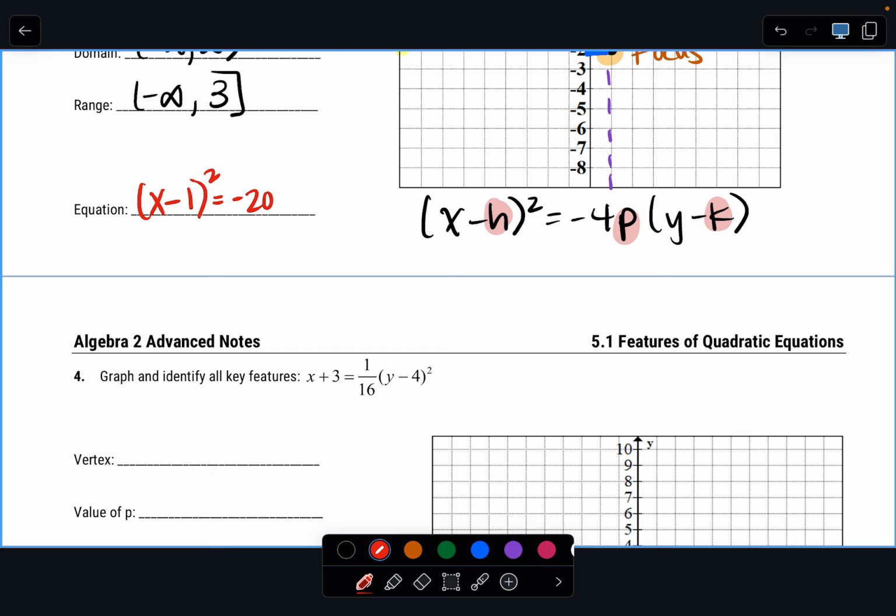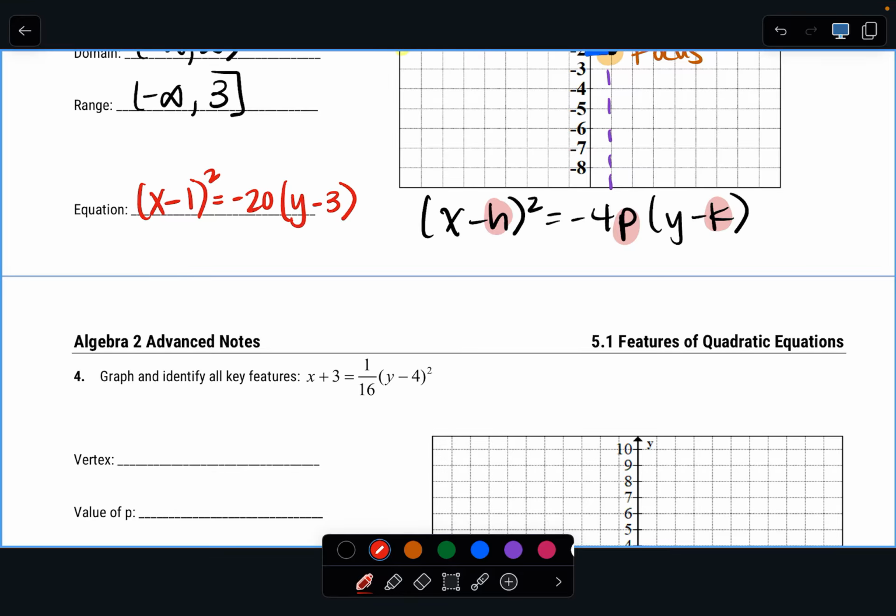Negative 20, and then I'm going to have (y minus k). And that is it. So the hard part of knowing what the values are from the formula is taken away. You just have to be able to look: is it opening down, up, left, right, and decide from there. Do I have any questions so far?